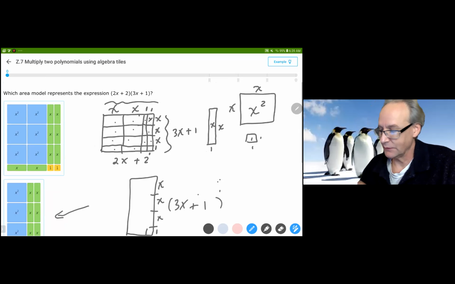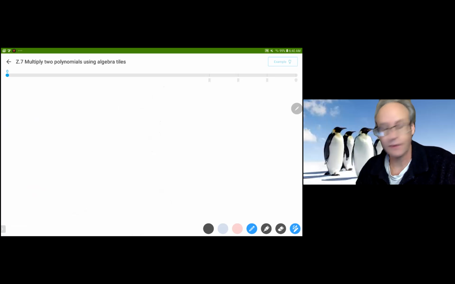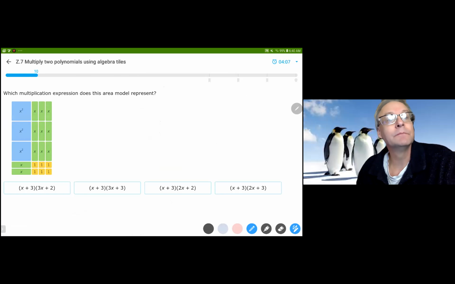That first one is the one we were looking for. It's right here. And we could multiply it out to see if it's true. A really good idea is to be able to multiply your binomials in your head. So we get 6x squared plus 8x plus 2. And sure enough, that's what this one says right here. Okay, so now we just have to read them.